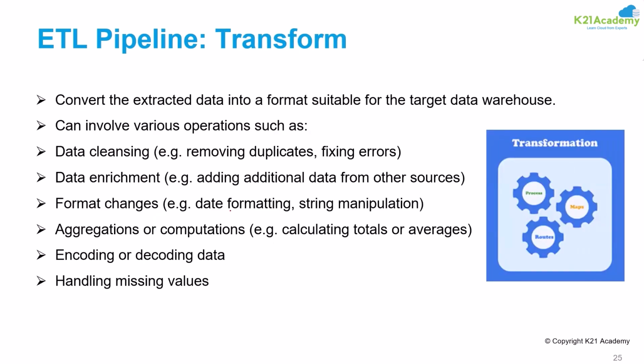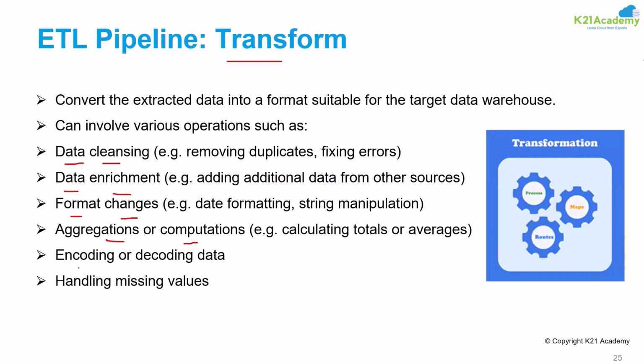Now we already discussed transform, so let's have some more things. The transform process, or transforming your data into the required format, can involve multiple operations like data cleansing, data enrichment, format changes, aggregation. You may want to add some kind of computation into data.